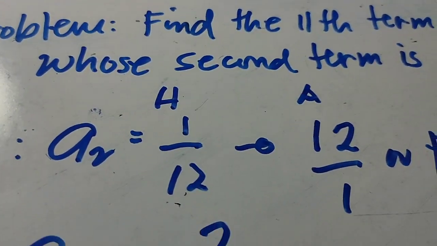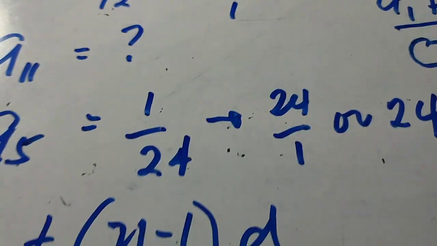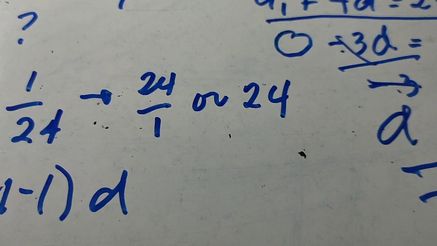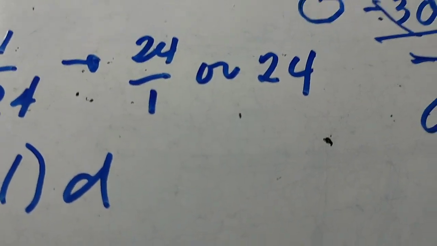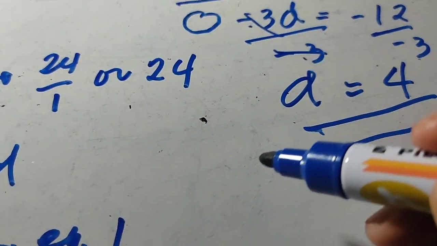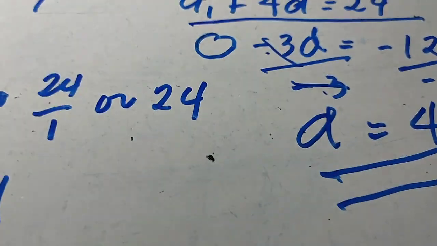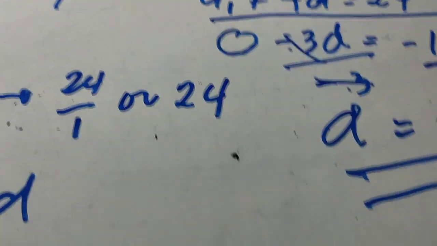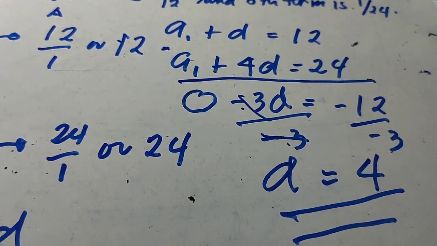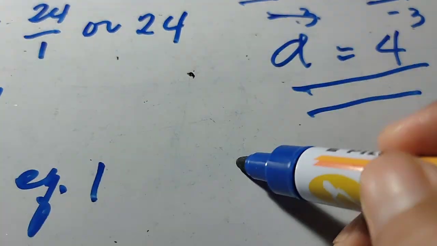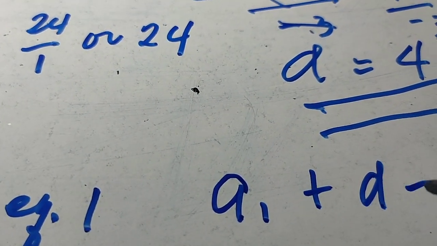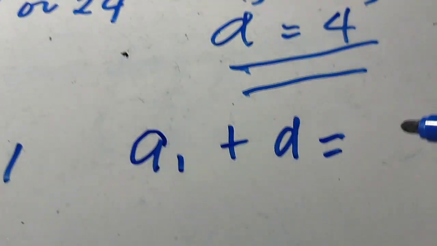Now, our drive now is to find our a sub 1 in order to find our a sub 11 term. Now, since we have our d and we do not have our a sub 1, we can make use now of our formula to continue: a sub 1 plus d is equal to 12.